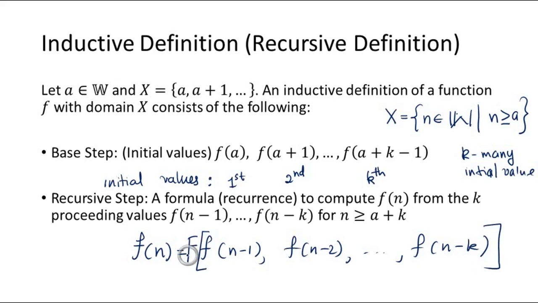So this is some function of these values. However, note that this recursive formula can be used only to compute function values for n greater than or equal to a+k. If n is less than a+k and greater than or equal to a, then the function values are given by the k initial values of the function f.